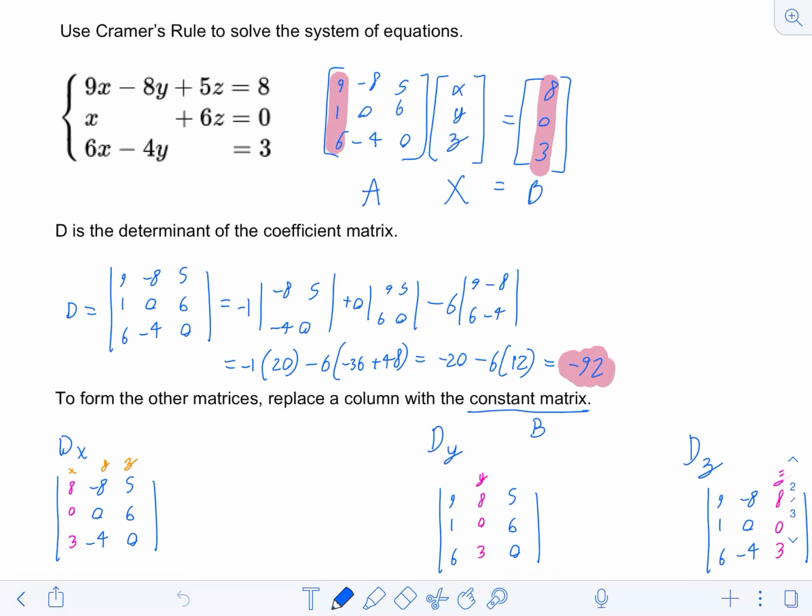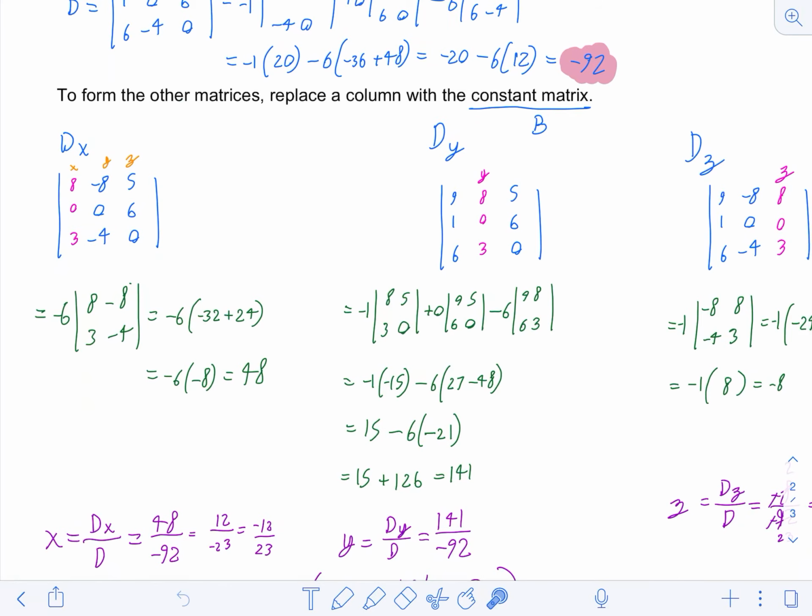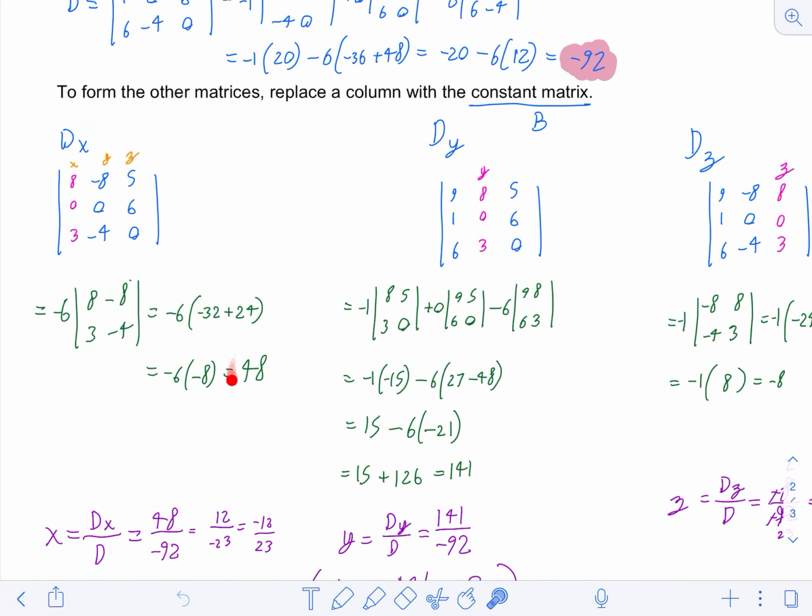It's always good to do the determinant with a row that has zeros in it, because that eliminates a lot of bad choices. And if we do the determinant for a system of equations, but we replace one column, the x column, the y column, or the z column, with the matrix B, and you find the determinant of that, you'll end up getting a specific number.